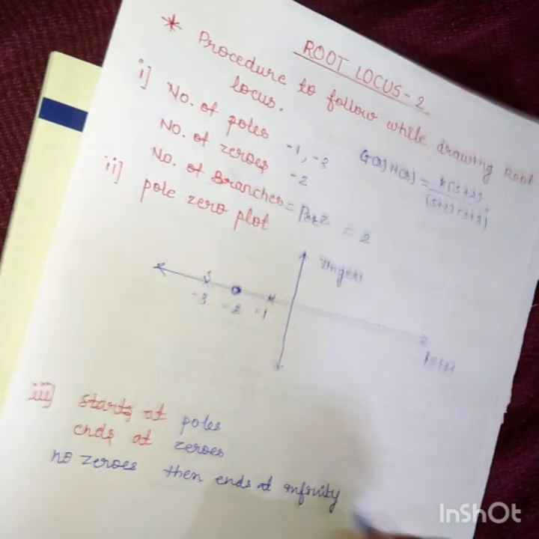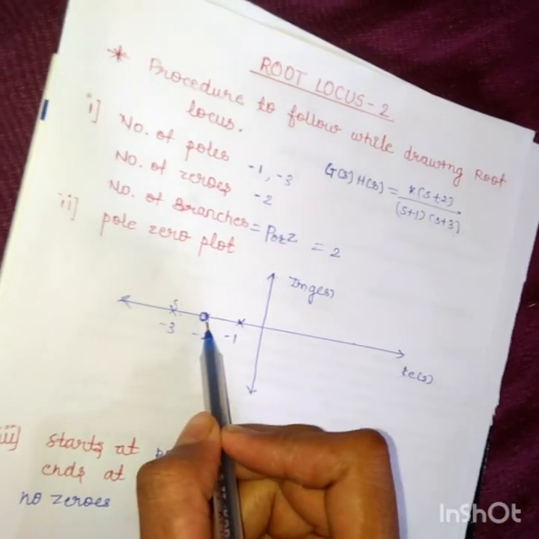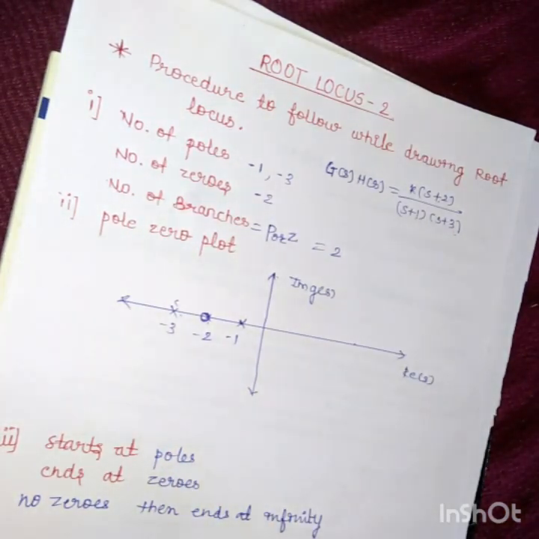So how many zeros are there in this transfer function? There is only one zero, and there are 2 poles. For 2 poles, for Rootlocus we need 2 zeros, but there is only 1 zero.